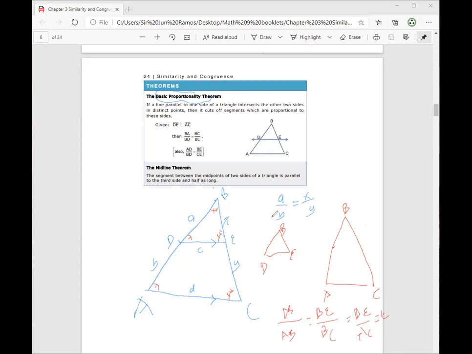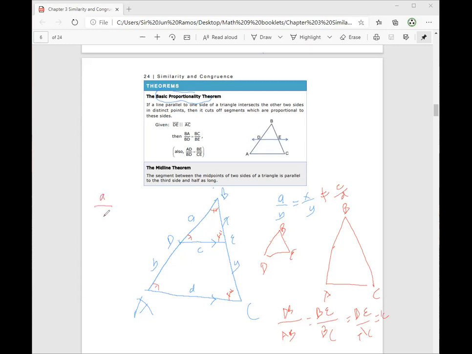So, I cannot equate this one here to the sides here, CD. They are not equal, because these are segments and those are sides.